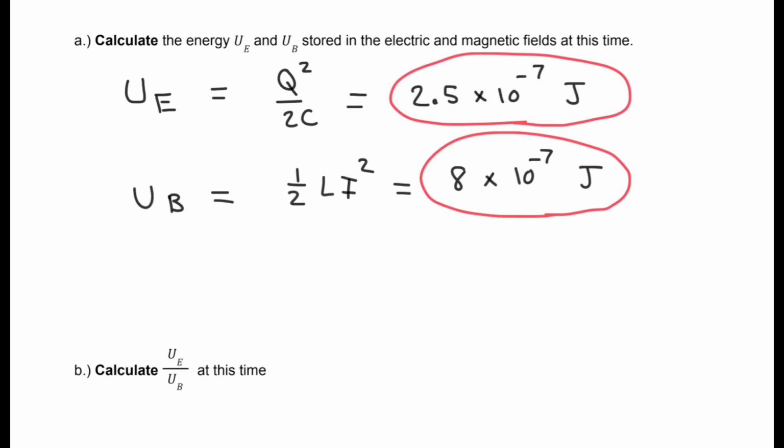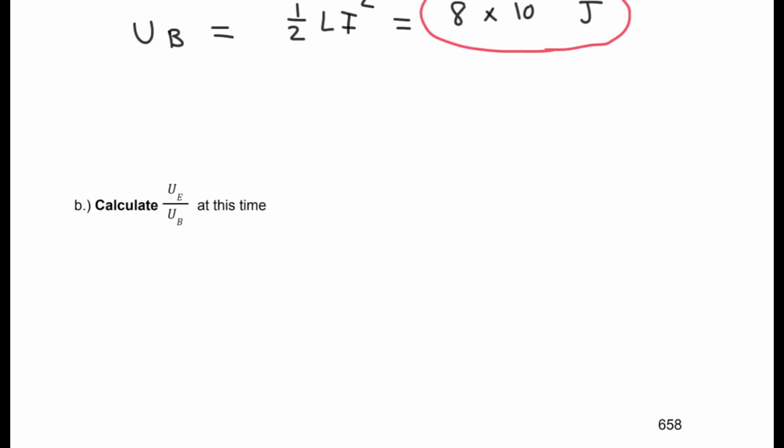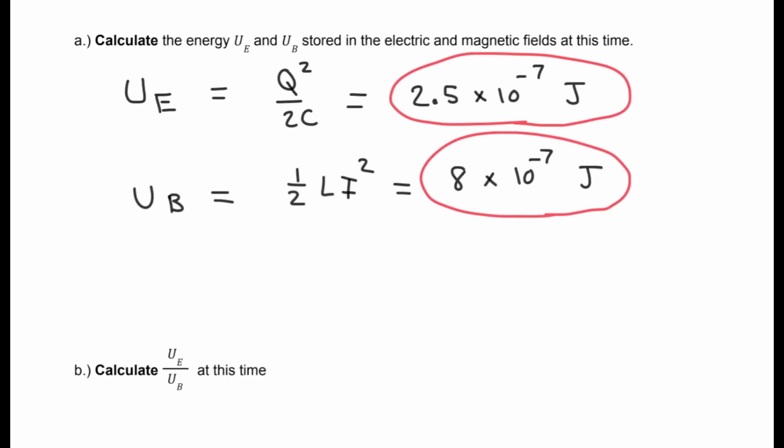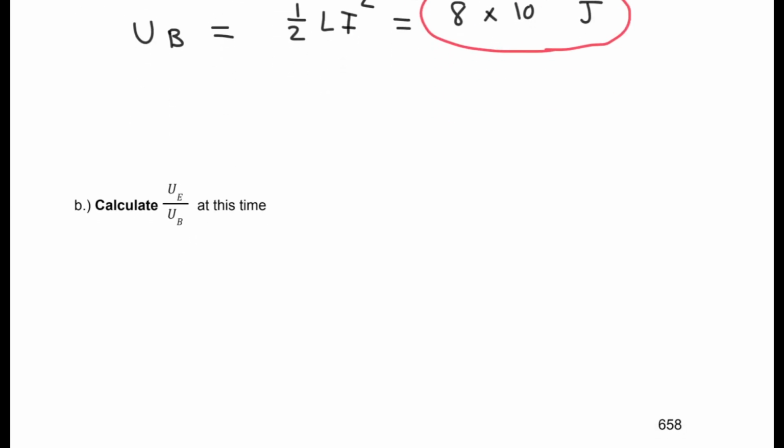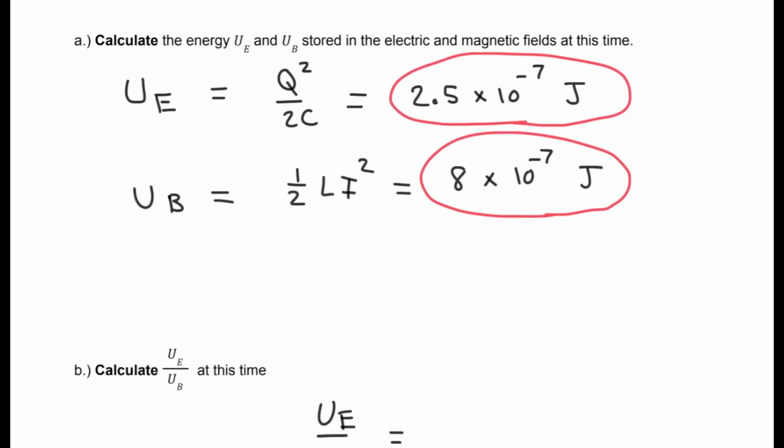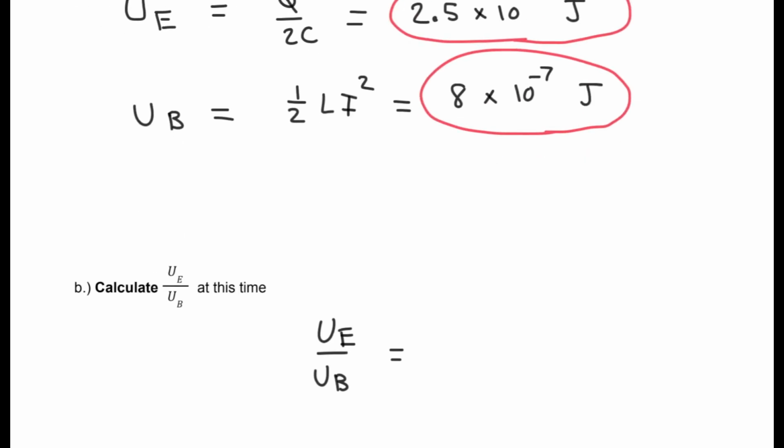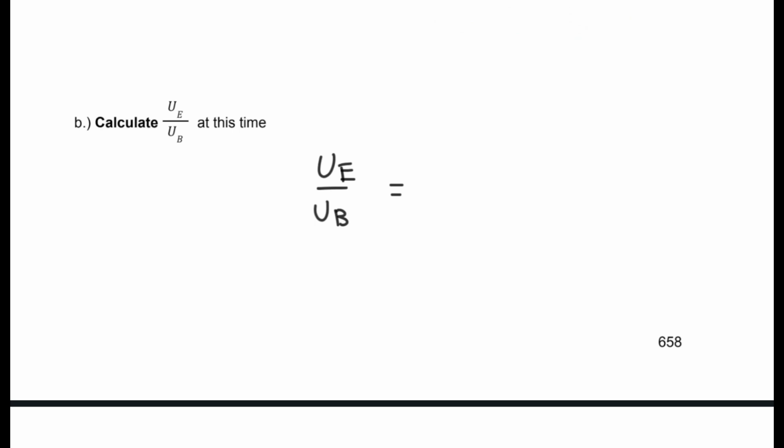Calculate the ratio UE to UB at this time. What's the ratio between the electric potential energy and the magnetic field's potential energy? This is just something to compute. If we divide these two numbers, we get essentially 2.5 divided by 8, which is 0.3125.